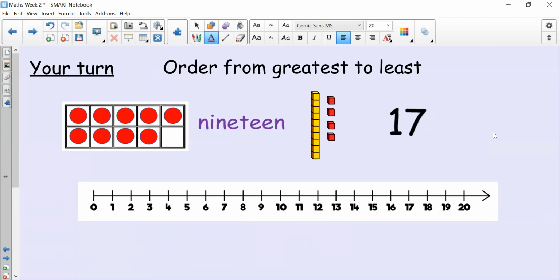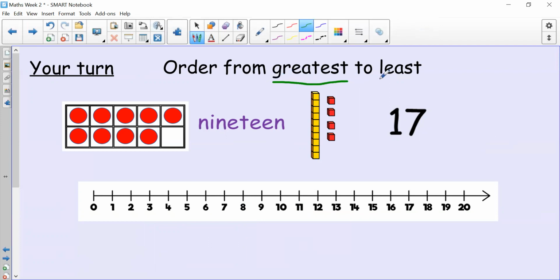So let's have a try with these numbers this time. We are going to order from greatest to least. So this time we start with the greatest number, the biggest number. Right, let's do the same as we did before. How many have we got here?